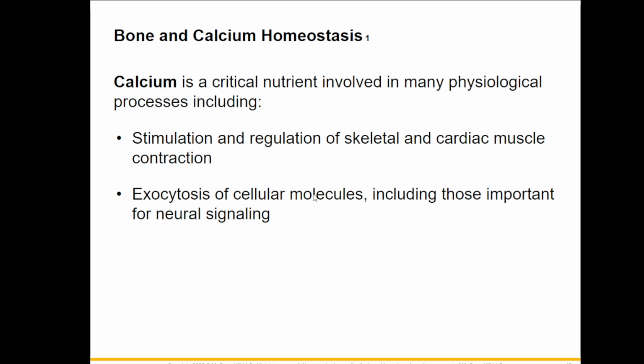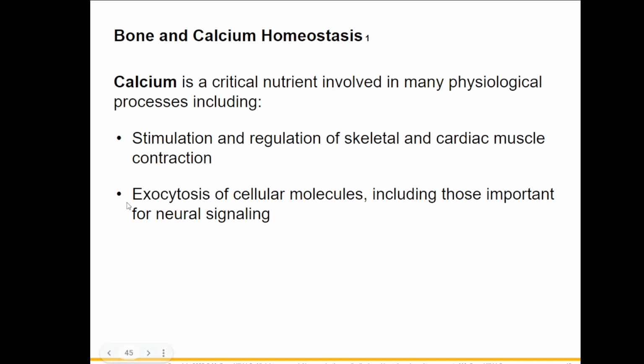So calcium is a critical nutrient not only for the bones, but it is also important for muscle contraction. So once we go into the muscular system, you will realize that calcium is also important for muscle contraction. Also, calcium is important for exocytosis, if you still remember. Right?